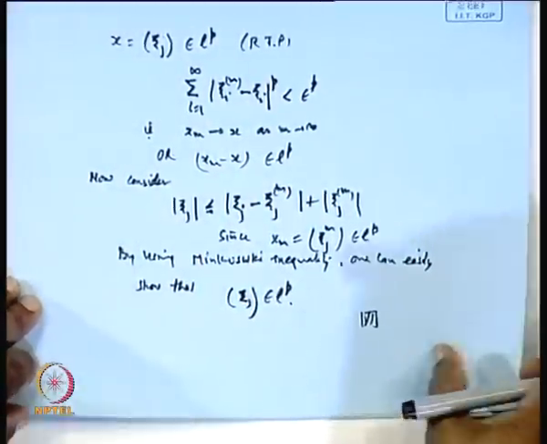Thank you. The same space may be complete in one metric, but if I change the metric, the same class of elements may not behave as a complete metric space.